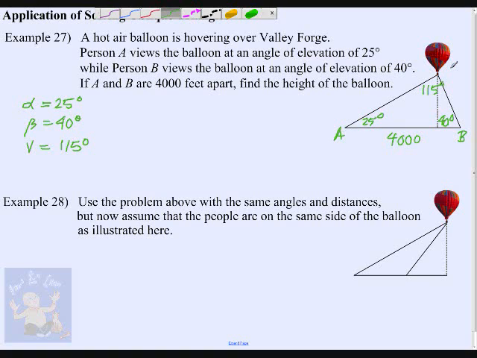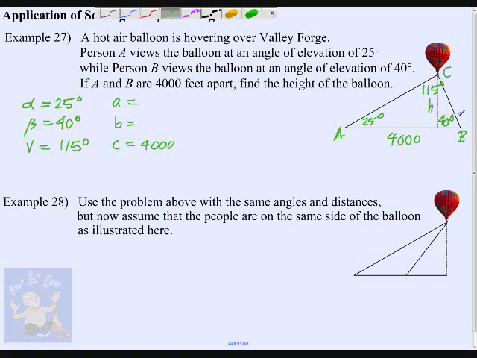All right, so let's call this point C. So I've got C is equal to 4,000 feet, and I've got A and B. Actually, what I want to find is the height of the balloon, H. But this is going to be a two-step problem, sort of like what we just did with the river.